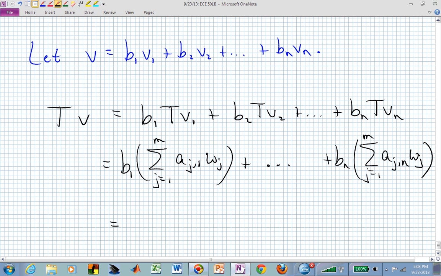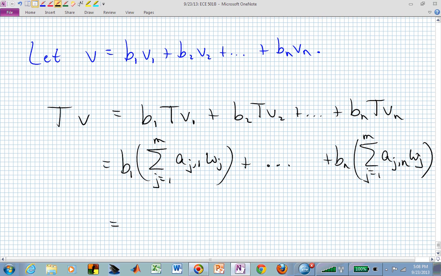Well, I have a coefficient in all n places, don't I? I now have a summation of n pieces for each W1. And I have a similar collection of a sum for W2.